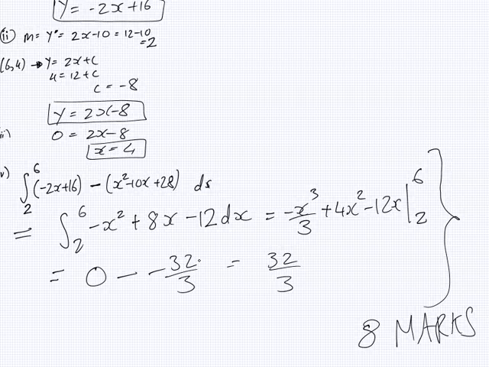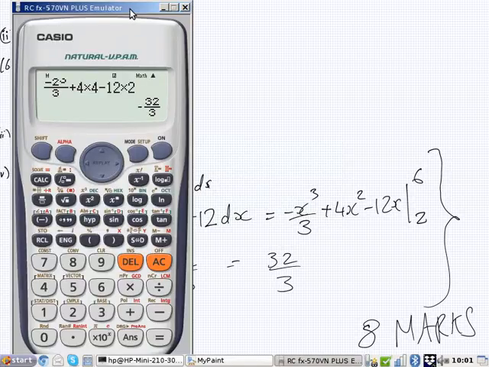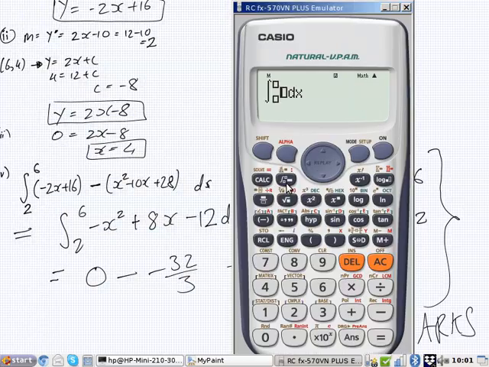And not only that, I can check the answer to know I have my 8 marks, because I can take out my calculator and just hit in, integrate 2 to 6, and we had brackets minus 2x plus 16, and then this one here is x squared minus 10x plus 28. So if this was an exam, I know guaranteed I have 8 marks.